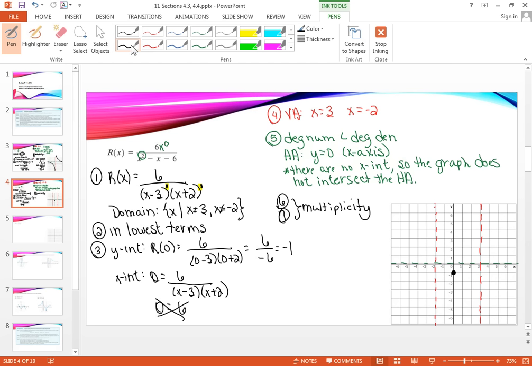Just like when you talked about the multiplicity of the x-intercepts, if it was an odd degree, we knew it crossed the x-axis, it changed signs. If it was an even degree, we knew it didn't change signs. It's either bounced on the top or it bounced on the bottom. You can think about it kind of the same way with the vertical asymptotes. If the degree of the vertical asymptotes is odd, it's going to run down on one side and up on the other. And I'll show you what I mean.